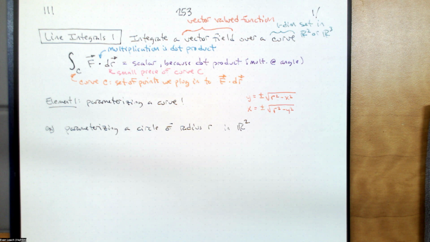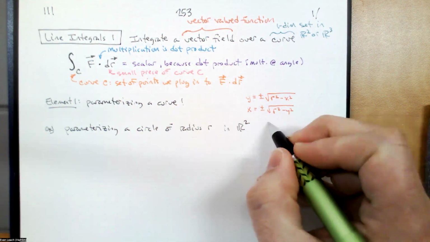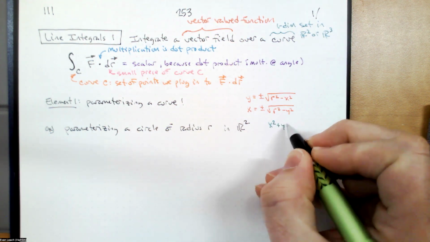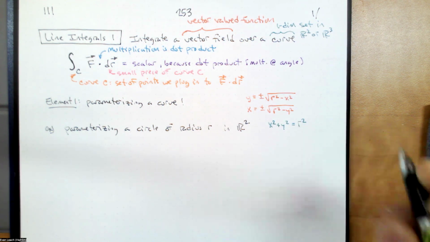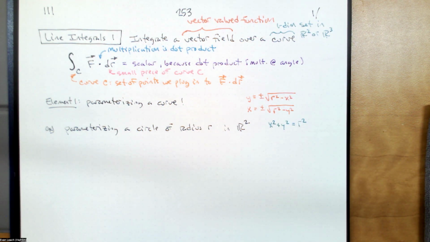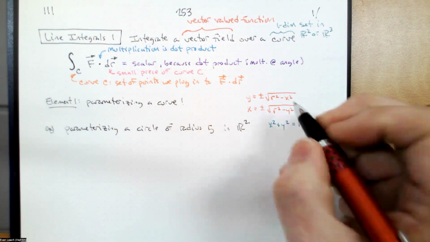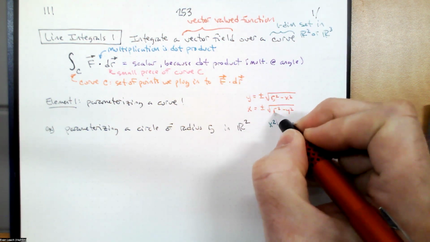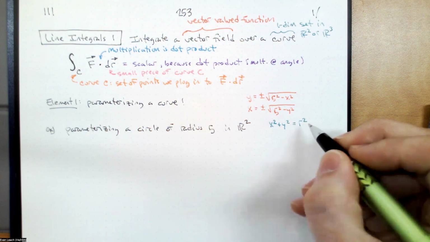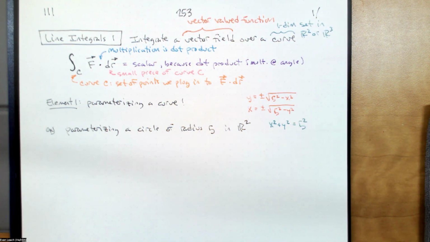Another way to do this would be with an equation. I'm going to give the circle radius 5, the easiest thing to turn an r into.